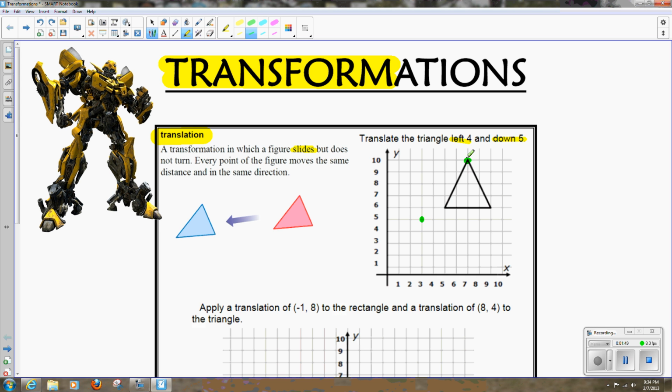And if we look, you can see that the y value, which is the up and down value, went from 10 to 5, which shows that it went down 5. And the x value went from 7 to 3, which shows that it went to the left 4 units.